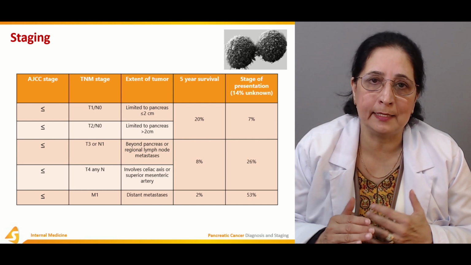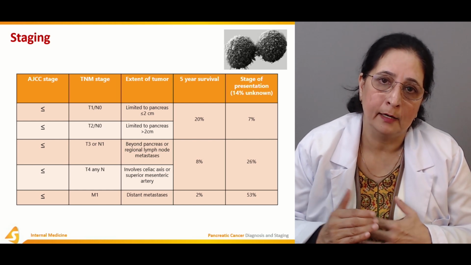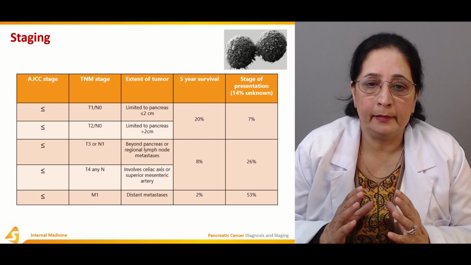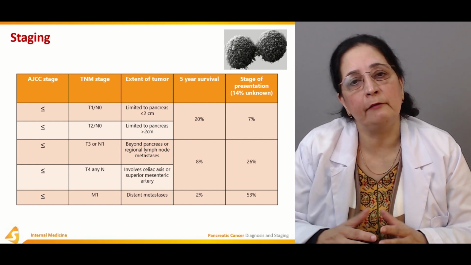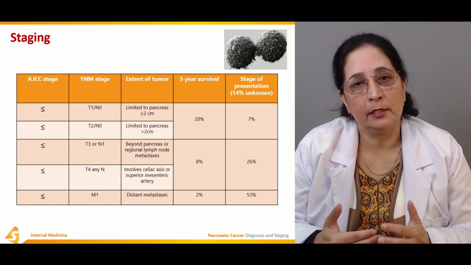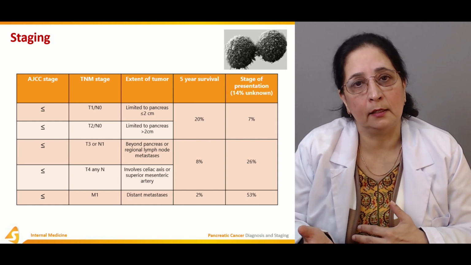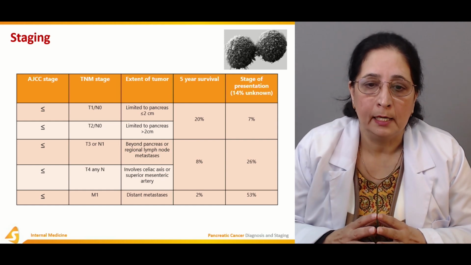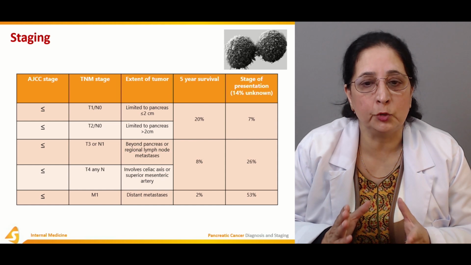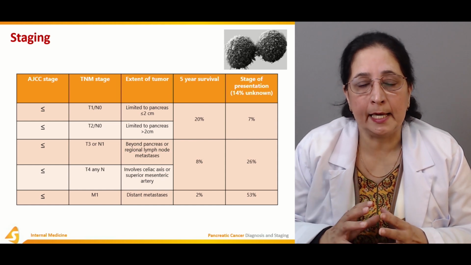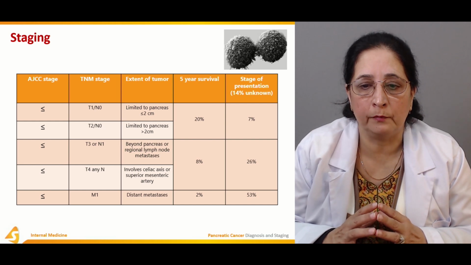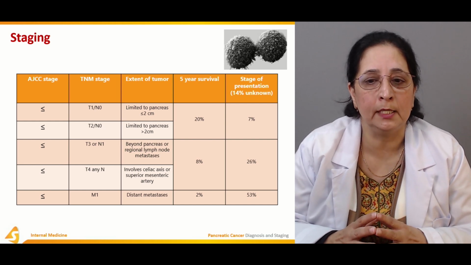The prognosis at this stage is a little better compared to T3 or T4, and the 5-year survival is also better, but unlike some other cancers, it's not often diagnosed at an early stage. The survival is 20%, and the stage of presentation is about 7% of the cases.